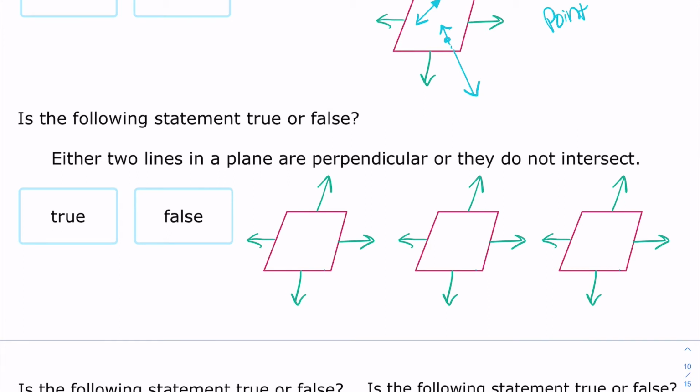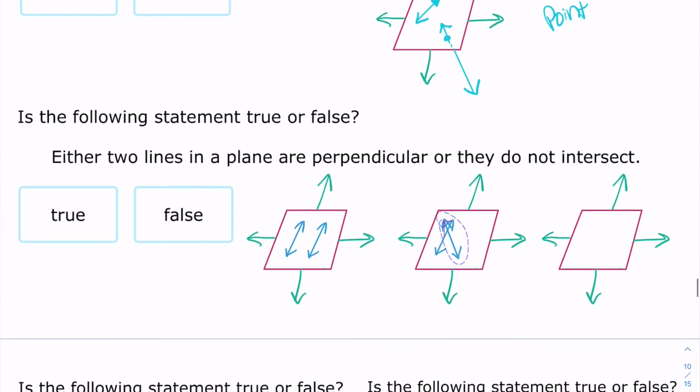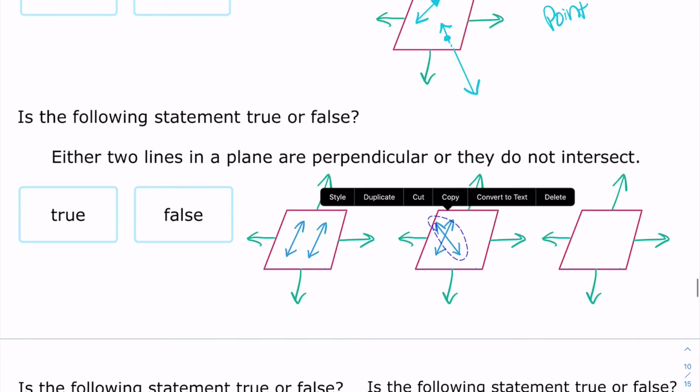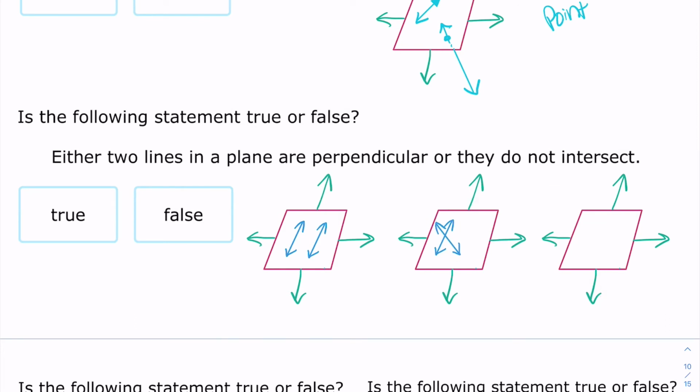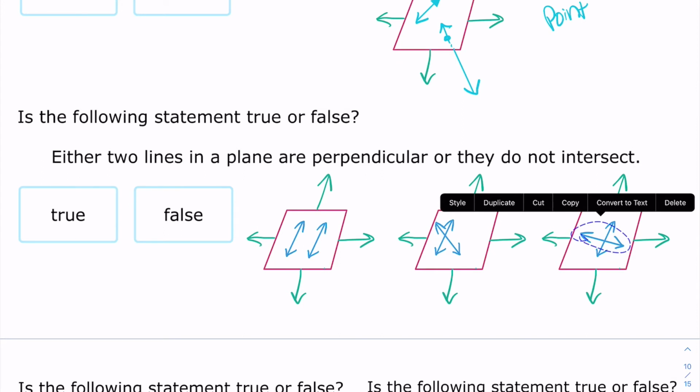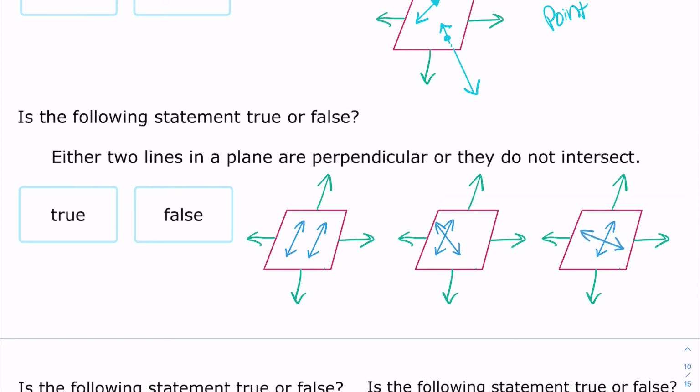So two lines in a plane, they can be parallel, they can intersect, or they can be perpendicular, which means that they intersect quite nicely.